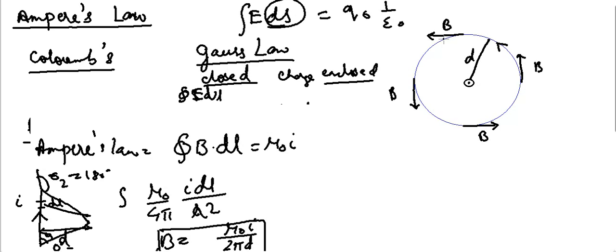This is also at a distance d, this is also at a distance d, because it is a circle with the center at this point. So this is a symmetrical situation, and because it is equidistant from this wire, the magnetic field due to this wire should be the same at this point, at this point, and at all the points on the circle, because all the points are symmetrical with respect to this.